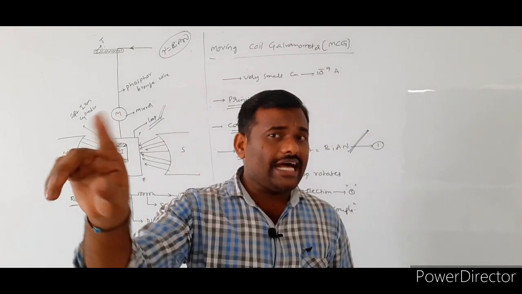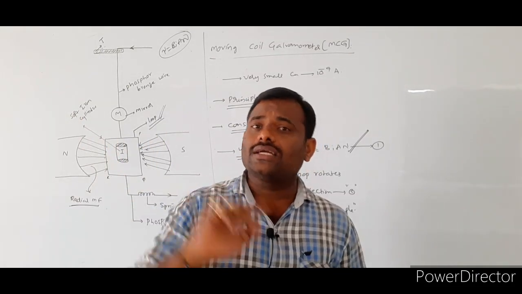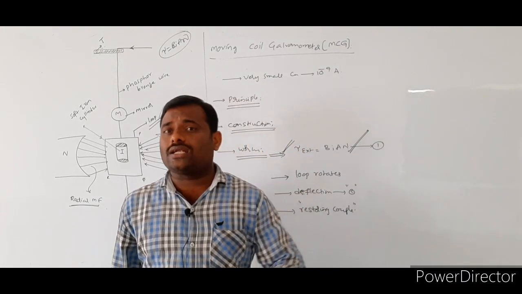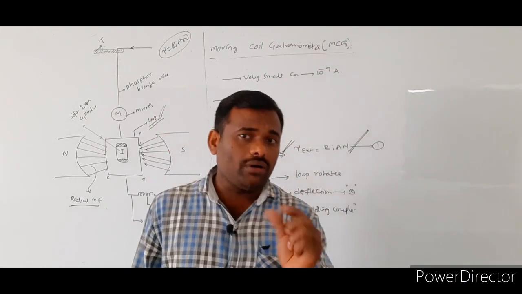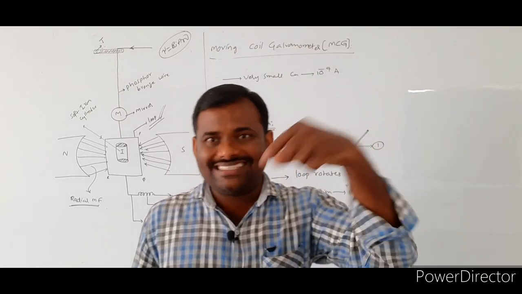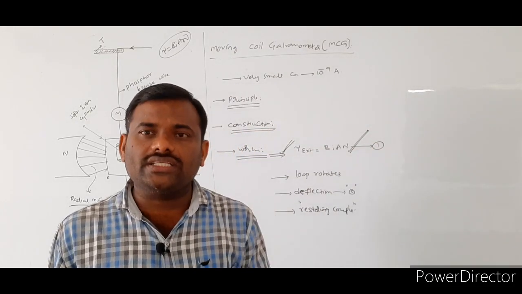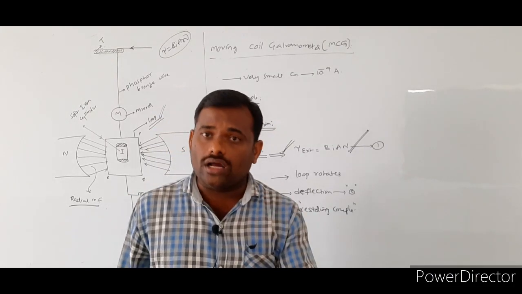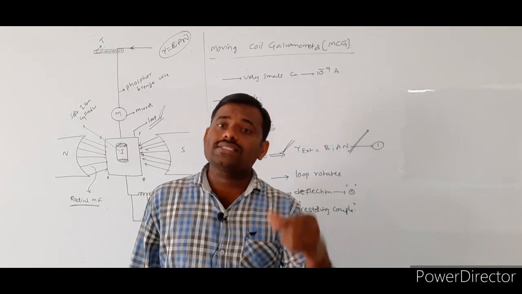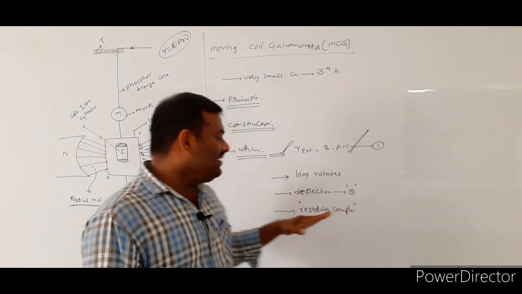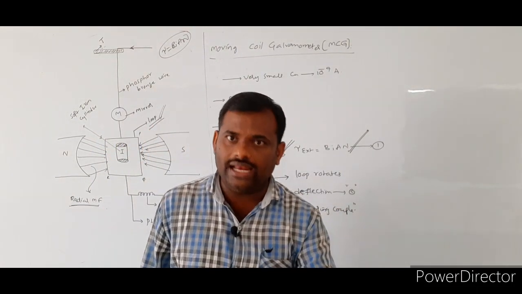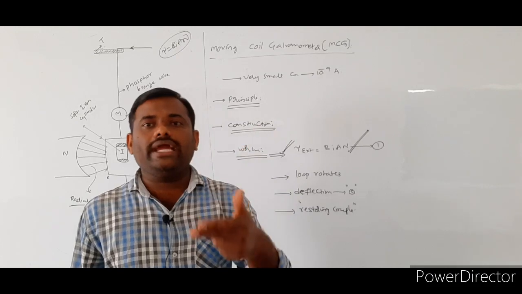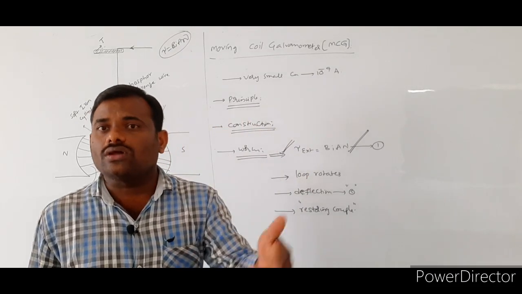That means in the absence of the external torque, the coil or the bob was rotating, so inside it some restoring torque, restoring couple, was developed. That is why we say that in the absence of the external magnetic field, the coil will rotate in the reverse direction.